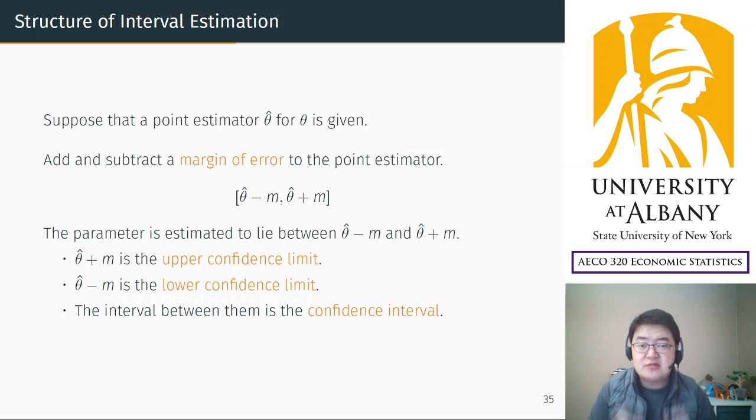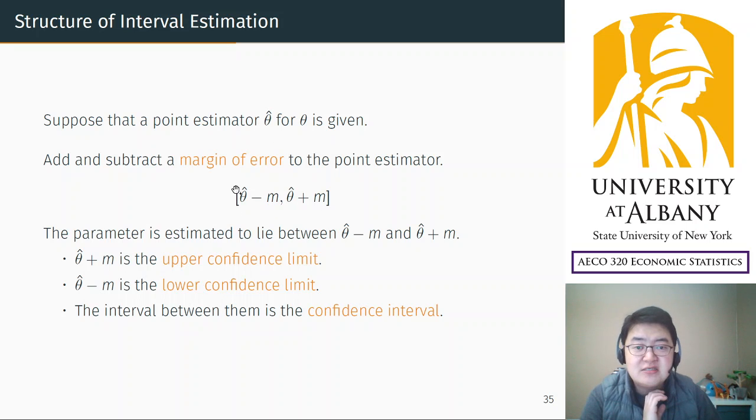Then what you do here is make it into an interval by adding and subtracting a number to the point estimator. The margin of error is m, and you add the margin of error and subtract the margin of error around the point estimator.